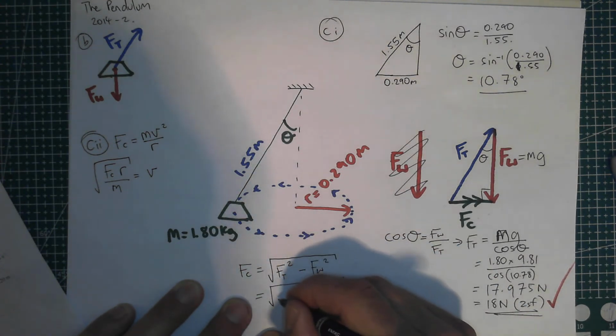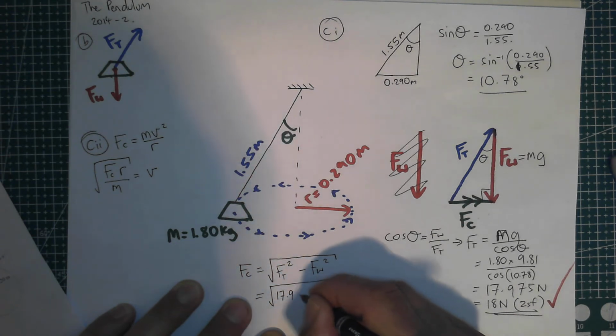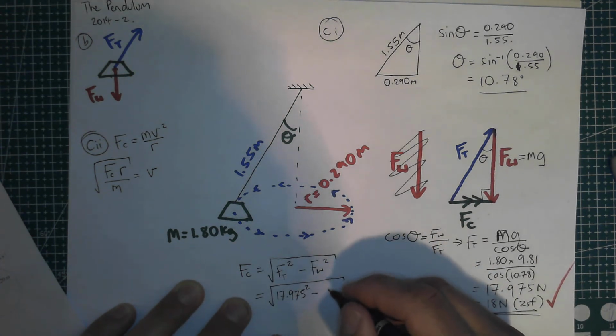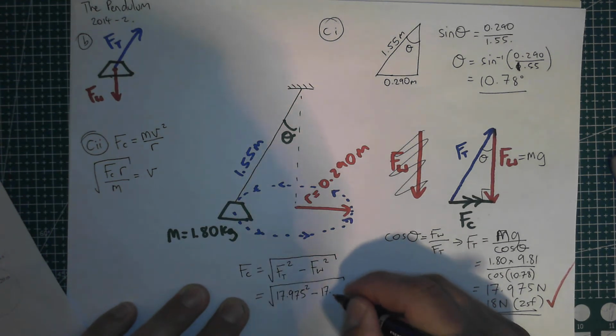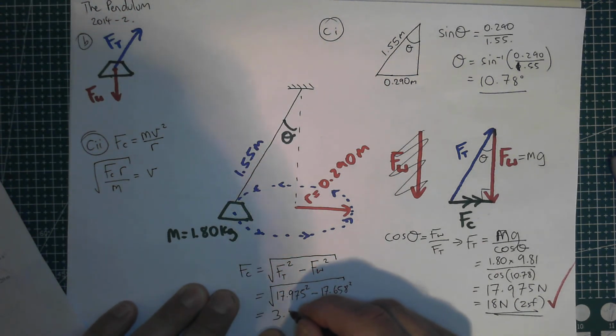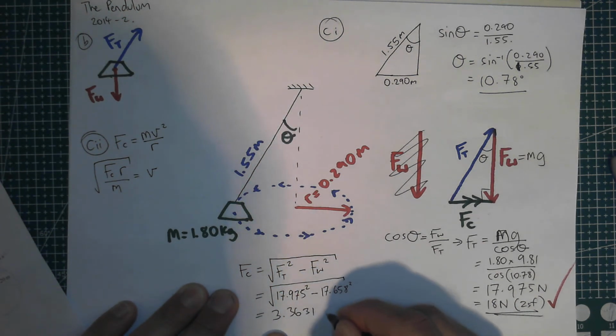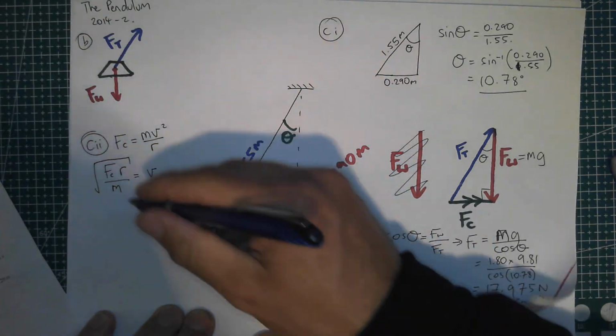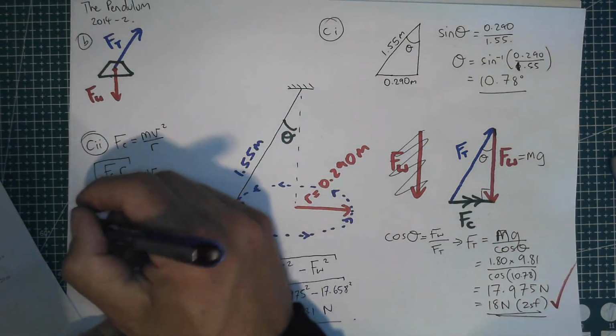I've got my tension force, which is 17.975 squared, minus the weight force, which is 17.658 squared, and I get a centripetal force of 3.3631 newtons. I can then use that force over here in this equation to solve for velocity.